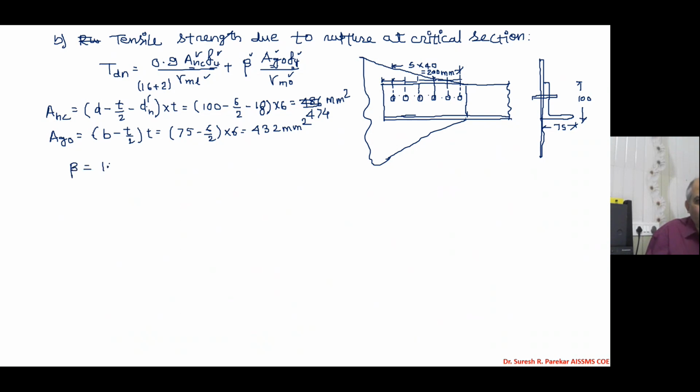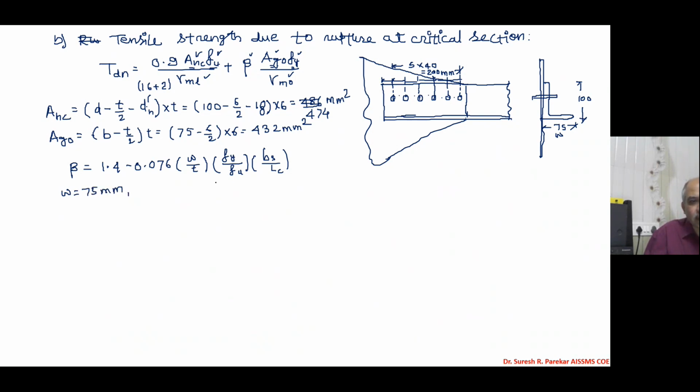Beta we have 1.4 minus 0.076 W by T in bracket, Fy upon Fu into Bs upon Lc. Now W we have outstanding leg. So now I have W at 75 millimeters.